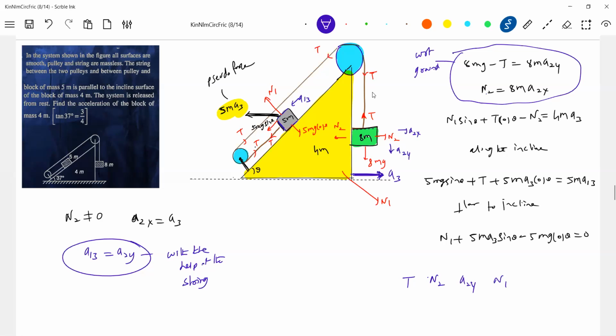And also A3. A2x equals A3. Okay, how many equations do we have? A2y I'll write as A13, A2x as A3. 1, 2. Okay, there's one more equation. This one and this one. Yeah, we can solve it.